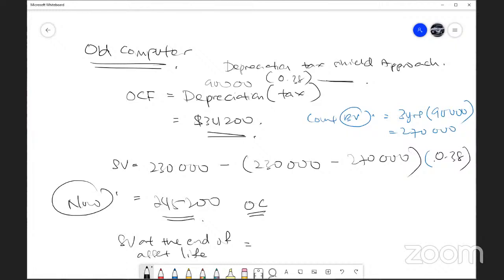All right, you can only sell at $60,000, and then you need to minus off the tax shield also, so which is selling at $60,000, salvage value minus book value times the tax.